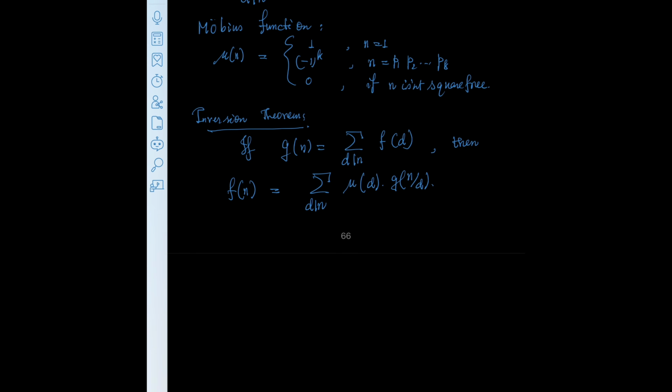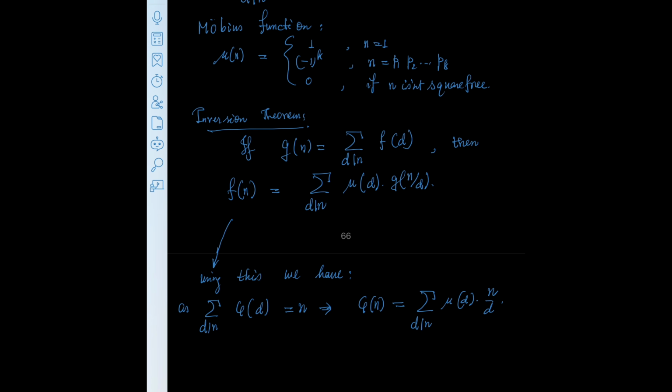We want to apply this. Using this, as we have the sum over d dividing n of phi of d is n, that implies that phi of n equals the sum over d dividing n of mu of d times n by d.